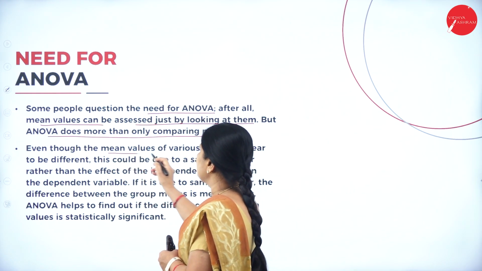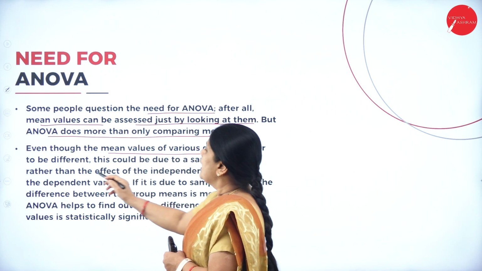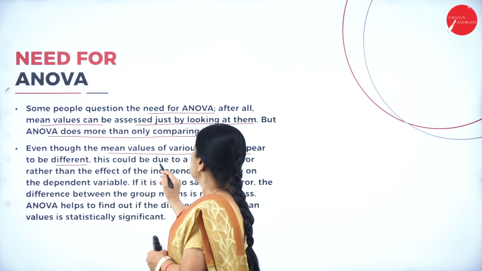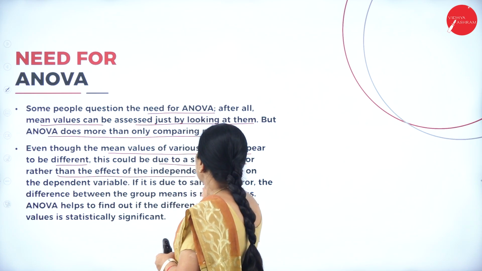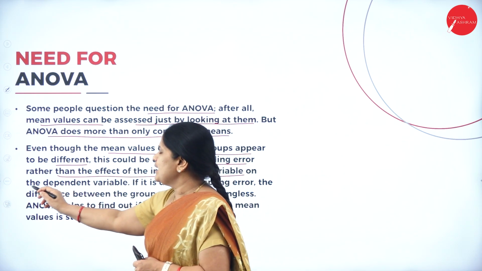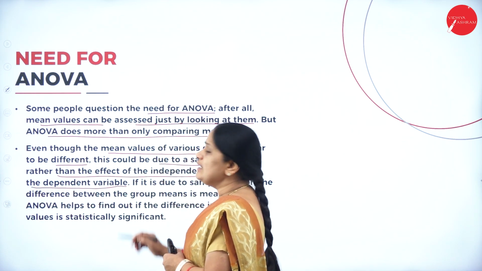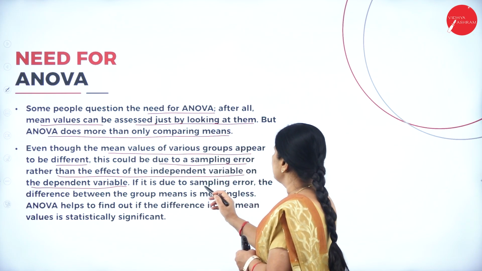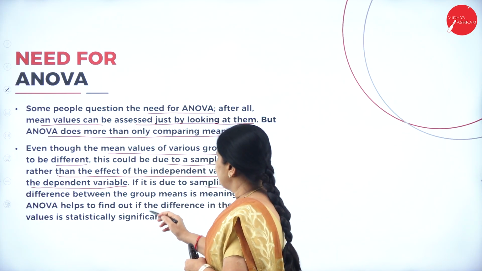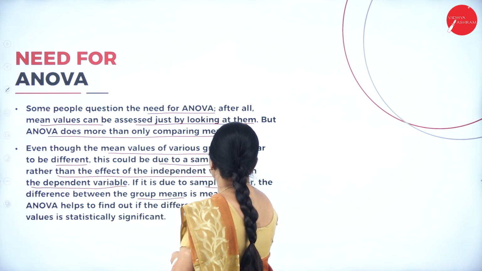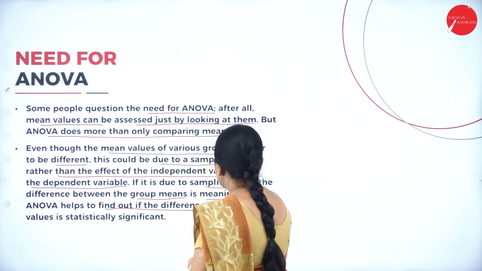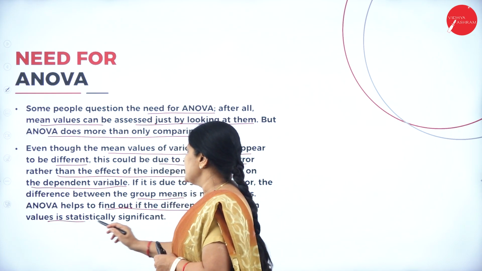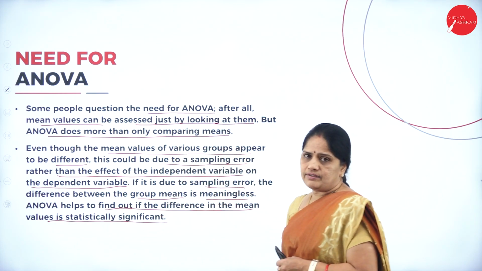Even though the mean values of various groups appear to be different, this could be due to sampling error rather than the effect of the independent variable on the dependent variable. If it is due to sampling error, the difference between the group means is meaningless. So ANOVA helps to find out if the difference in the mean values is statistically significant.